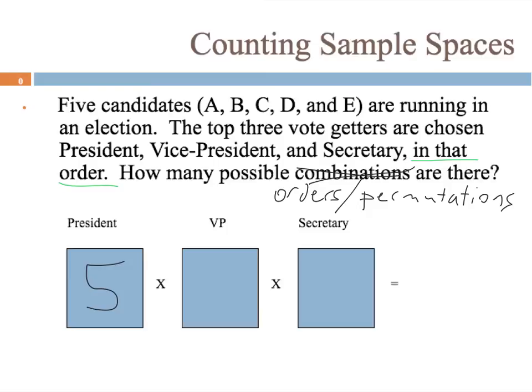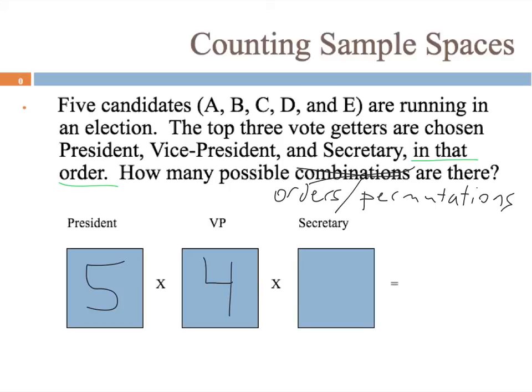We need a VP, and candidate C cannot be both president and VP, so that leaves 4 other options to possibly be the VP. So 4. And let's say that candidate E gets the VP. So C gets president, E gets VP.